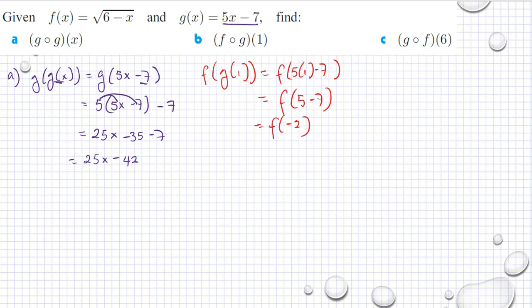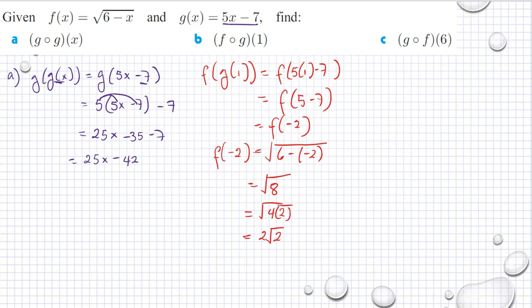Now f of negative 2 is the square root of 6 minus negative 2. So we have the square root of positive 8. Or we have the square root of 4 times 2, then we have 2 square root of 2, if you want to simplify.